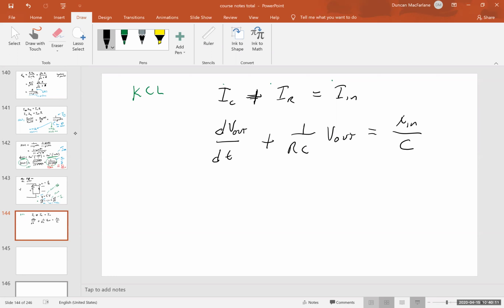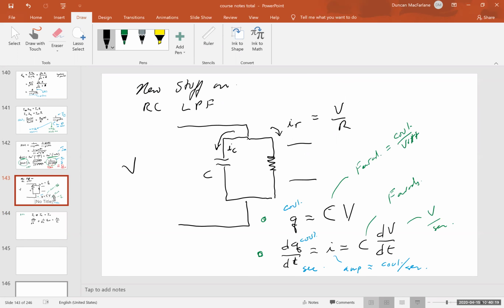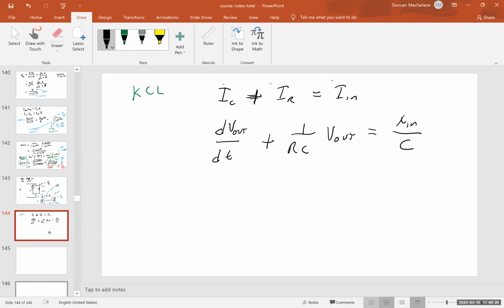So that's another way of writing my current splitting equation. So I have dV dt here, and V out over RC times this.